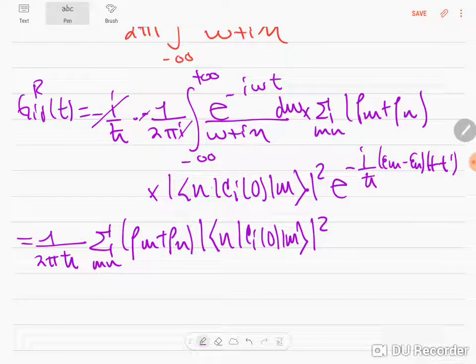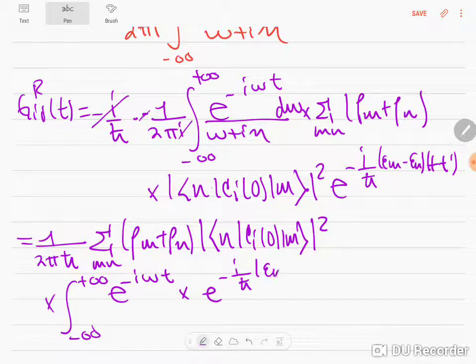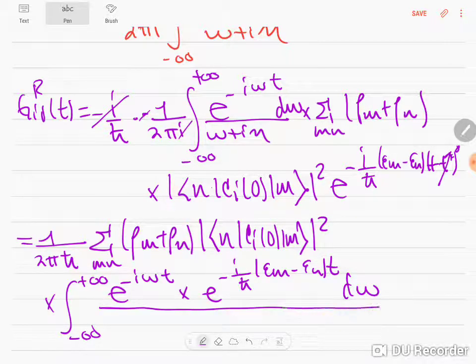That's why we set t prime equal to 0. Then we multiply this by the integral from minus infinity to plus infinity of e to the minus i omega t times e to the minus i over h bar (E_m minus E_n). Oh, this t prime here was 0, of course, sorry. This times t, d omega, divided by omega plus i eta.